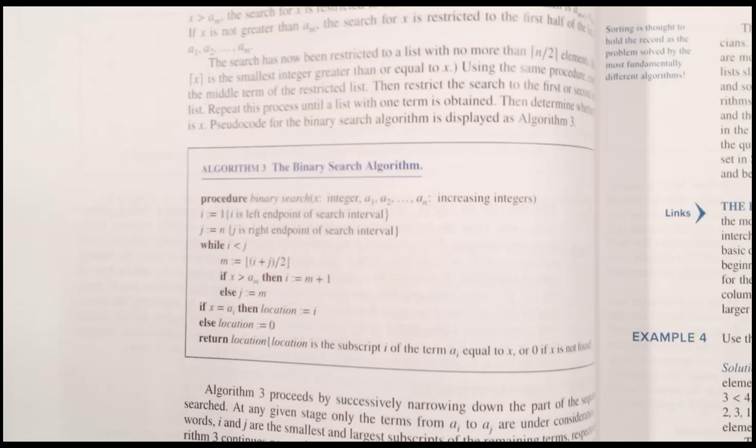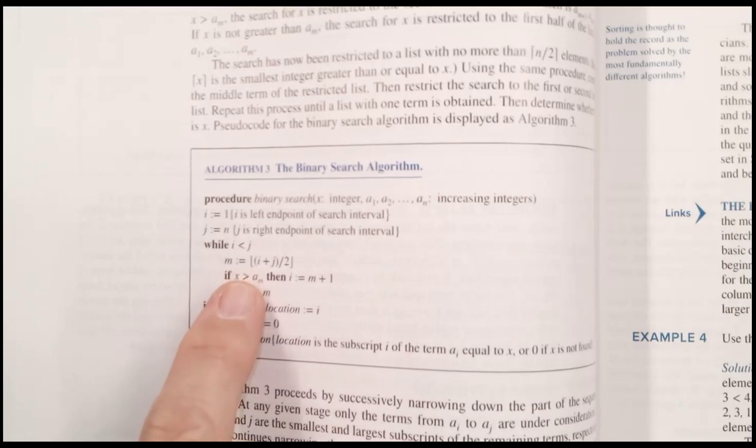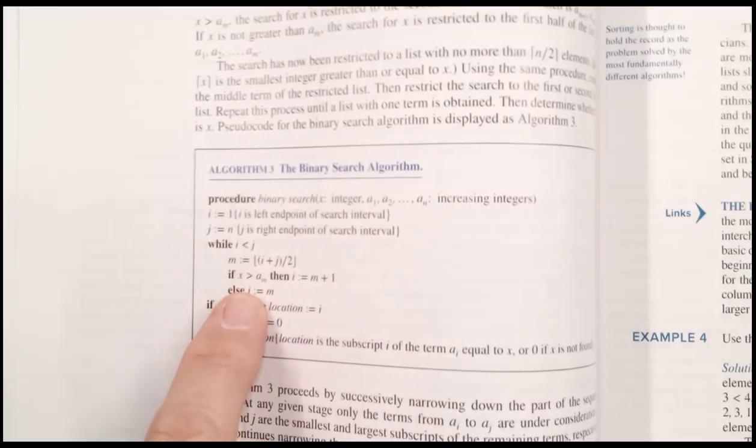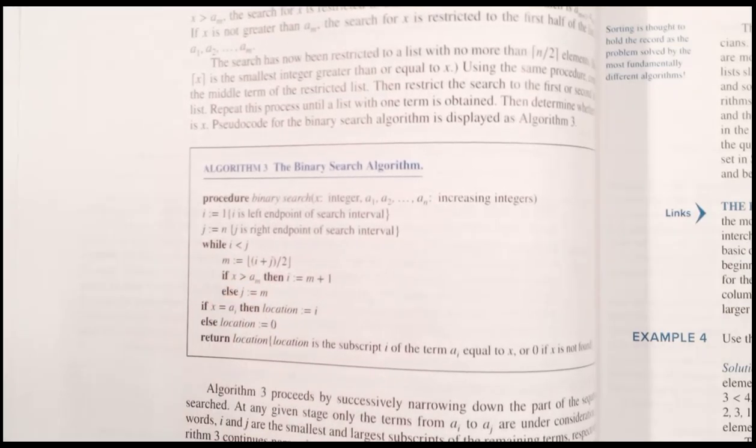I took the list and I looked in the middle. And I said, okay, this number, one less than the middle, is that my number? And if not, is it bigger or smaller than my number, right? Is it bigger than? If it is, move this side to here. If it isn't, move this side to here. And I cut the list in half.